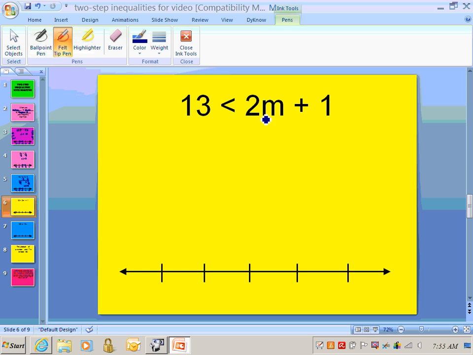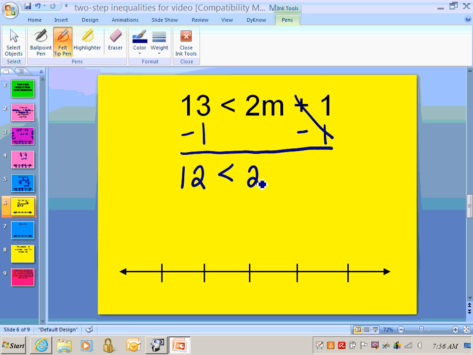Here I'm going to leave my M right where it's at. You can move it, you can flip it if you want. I don't really recommend that. So let's leave it where it's at. To solve for M, the first thing I would need to do is subtract 1. There's my zero pair. I have 12 less than 2m. Here I'm subtracting. I'm not multiplying or dividing by a negative, so it does not flip. Now I'm dividing by a positive number.